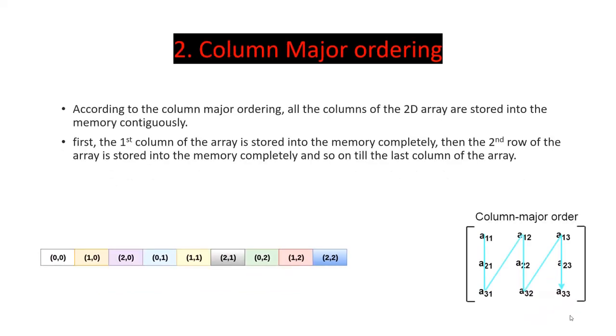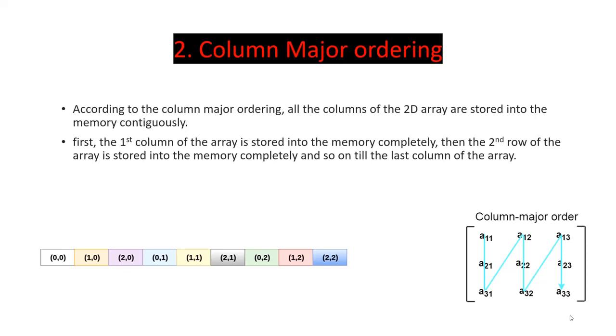Next, the second one is column major ordering. In column major ordering, all the columns of the two-dimensional array are stored into the memory continuously. The algorithm is: firstly the first column of the array is stored into the memory completely.